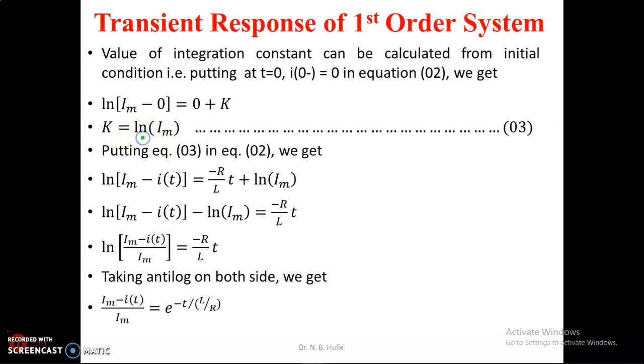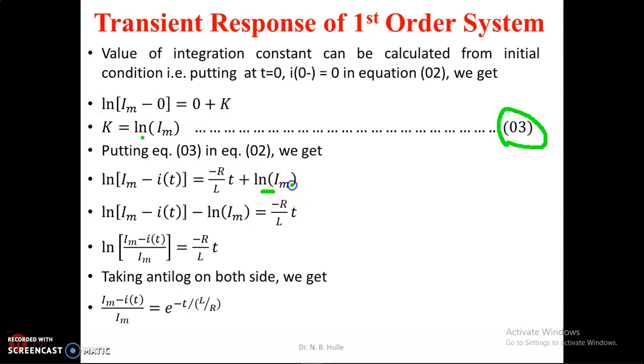This log is nothing but the natural logarithm, that is log to the base e. And if we substitute equation number 3 in equation number 2, we will get this final expression: log of Im minus i(t), which is equal to minus R by L into t, plus this constant k, and its value is log of Im.